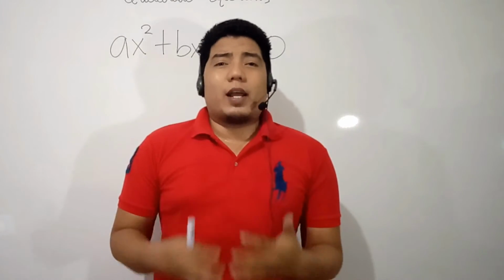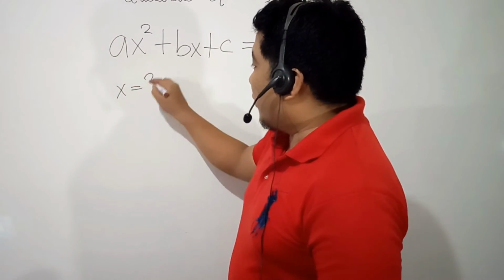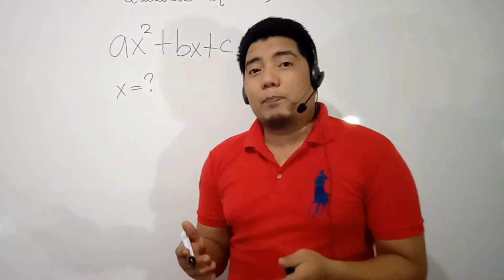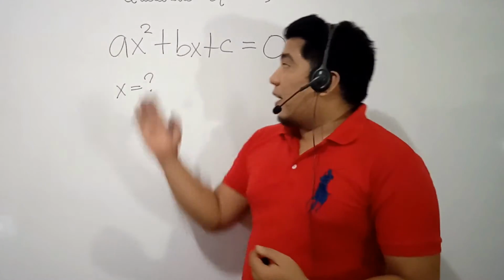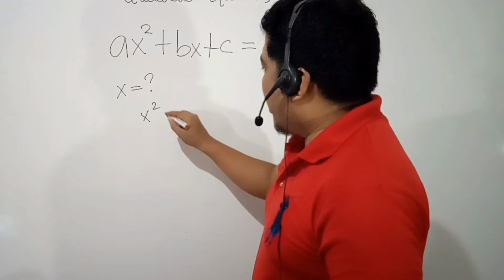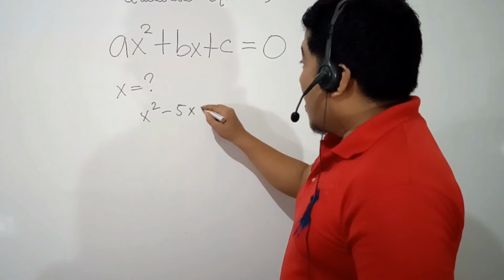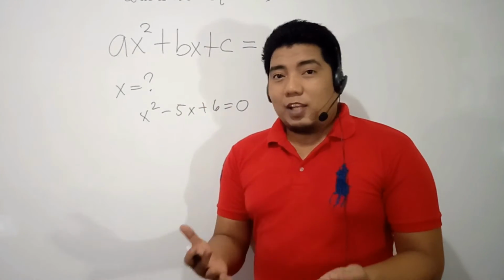Now, when we are trying to solve quadratic equations, we are actually solving for the value of x, or the value of the variable. In solving for x, the value will satisfy our given equation. For example, if we have x squared minus 5x plus 6 is equal to 0, what are the values of x?